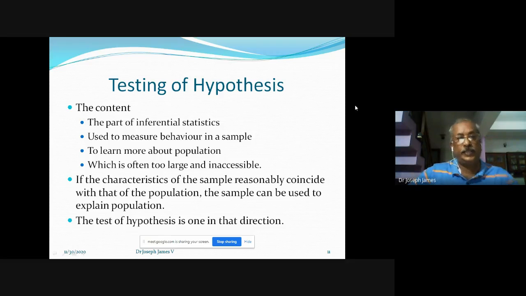Testing of hypothesis is a part of inferential statistics used to measure the behavior in a sample to learn more about the population, which is often too large and inaccessible.